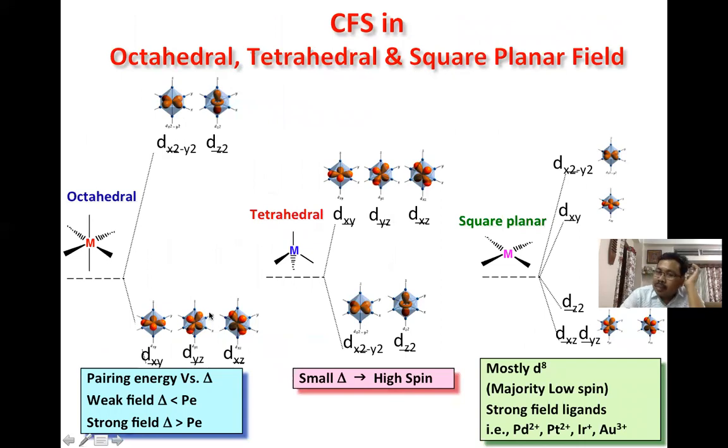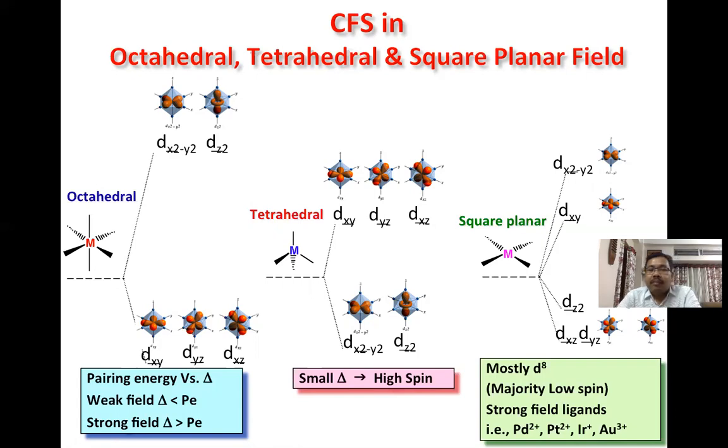Now, whatever we have discussed here is about an octahedral geometry, in which we can see that the 5 degenerate orbitals split up into 2 sets of orbitals, one containing 3 orbitals and the other containing 2 orbitals.